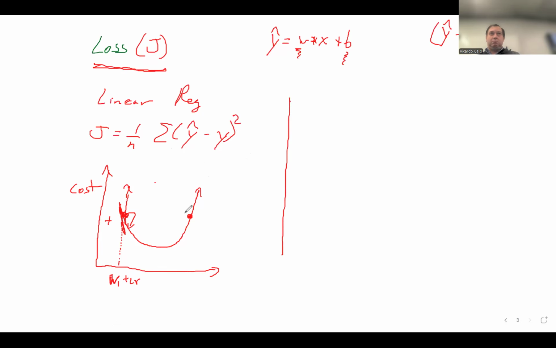So this equation has this representation in the space of this equation. But y is actually in terms of w and b, which is the parameter that we're trying to figure out. So we're taking the derivative of J with respect to w at this point in time, because we're in whatever iteration we are currently at.